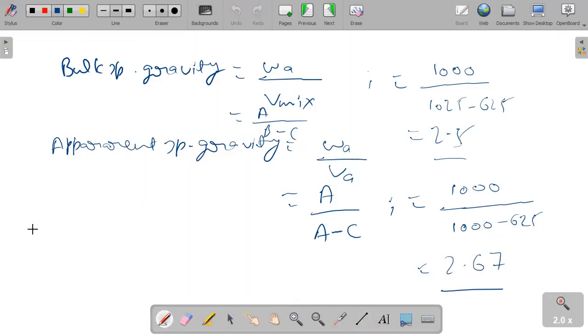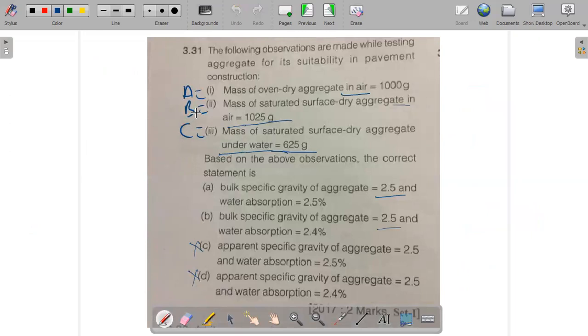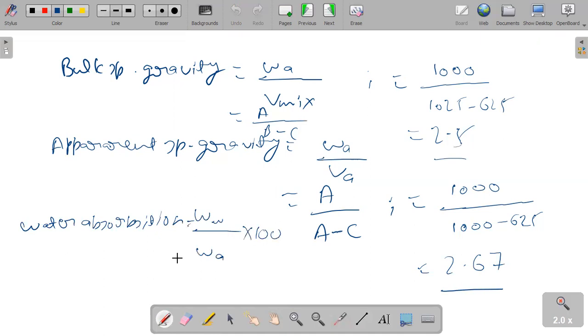So we have the water absorption formula. Water absorption is W upon WA into 100. If you look at this, this is equal to B minus A upon A, so we can also write it as B minus A upon A into 100.